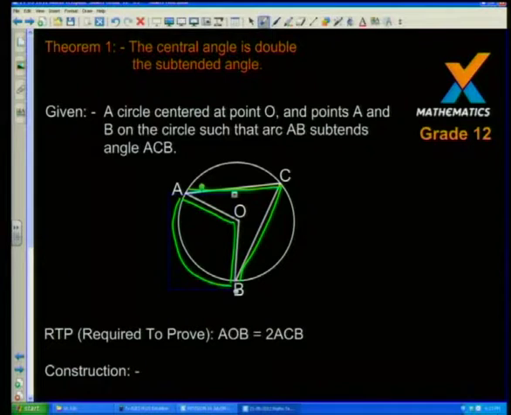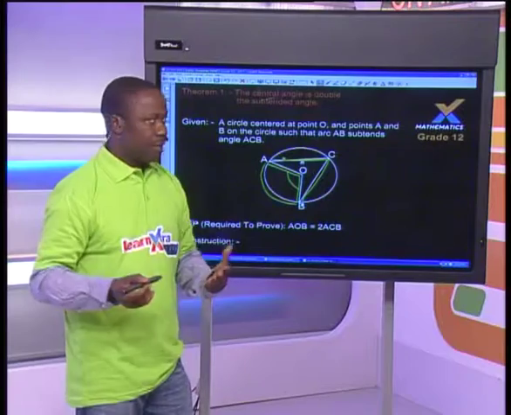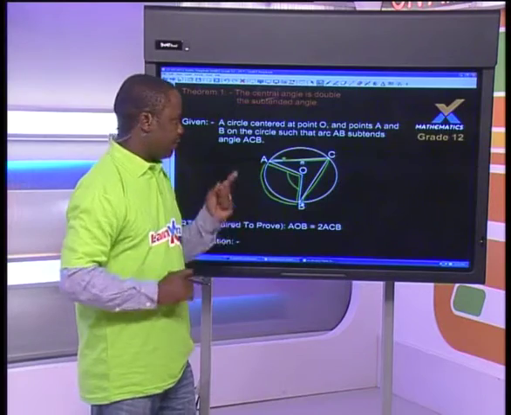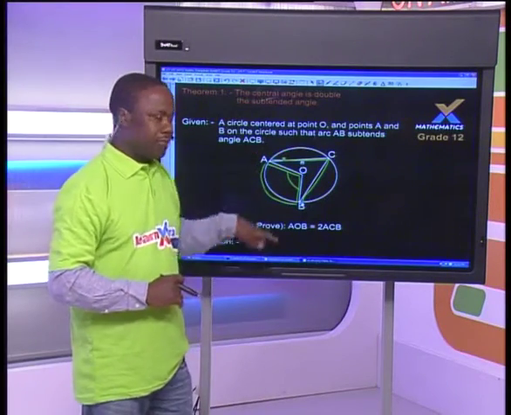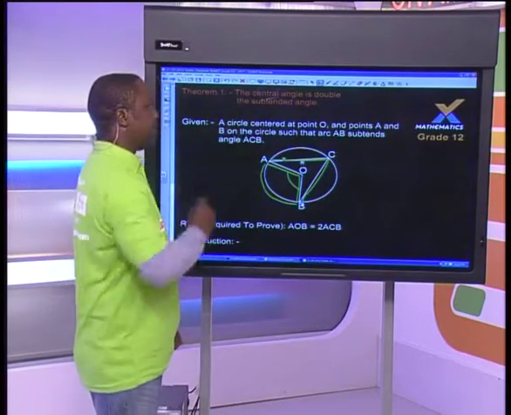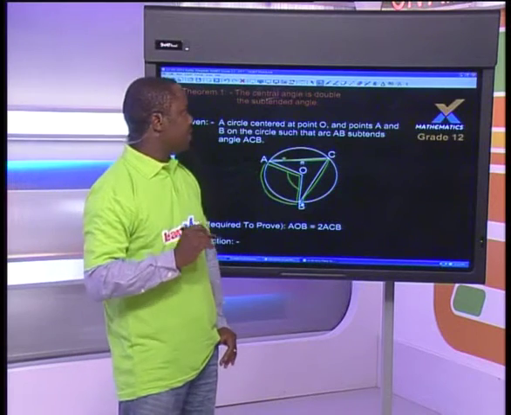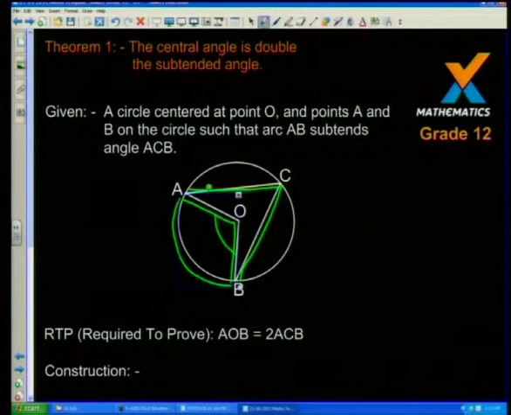Okay? So we say that the angle in the middle, which is at the center, is called the central angle. Let me reserve the word subtended angle for an angle that is on the circumference. So this theorem says the central angle is double the subtended angle. It's twice the subtended angle.